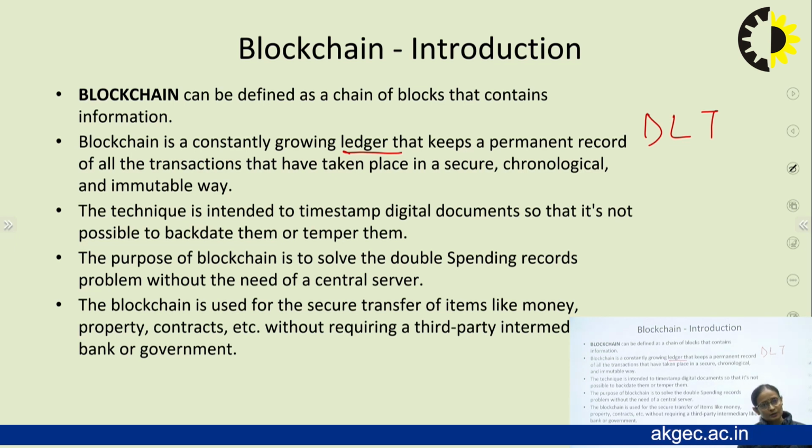Also, once the entry has been put in the ledger, you cannot overwrite it in that physical ledger. The same thing is happening with the blockchain also. Here we are also having a ledger. This ledger is basically some sort of blocks which have been chained together.